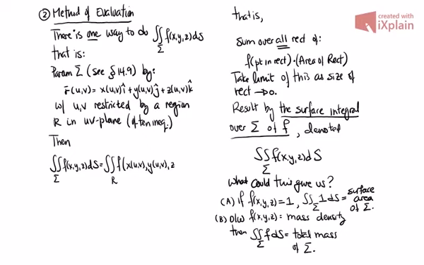Everywhere we see z, z of uv. And then we multiply by the magnitude of the cross product of the partial derivatives of R. And this is dA. And then we do the result according to what R looks like.